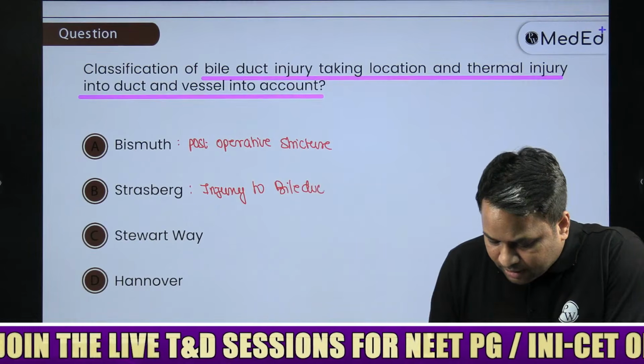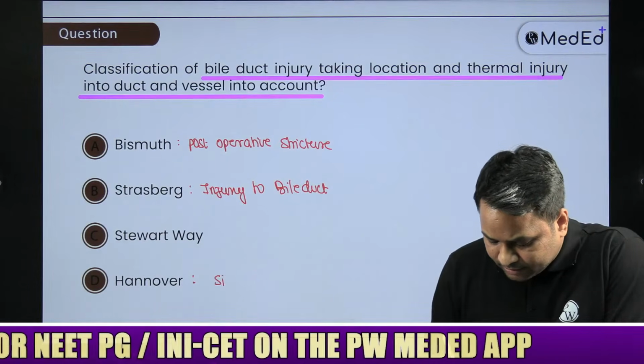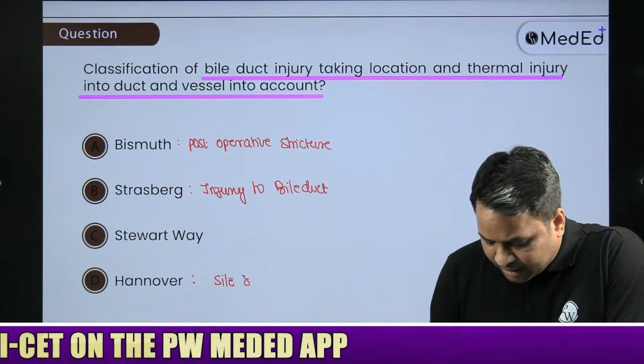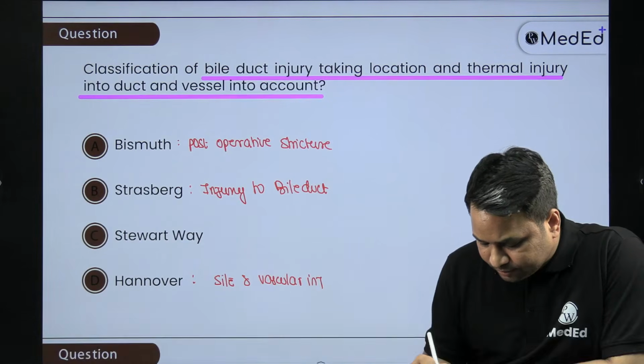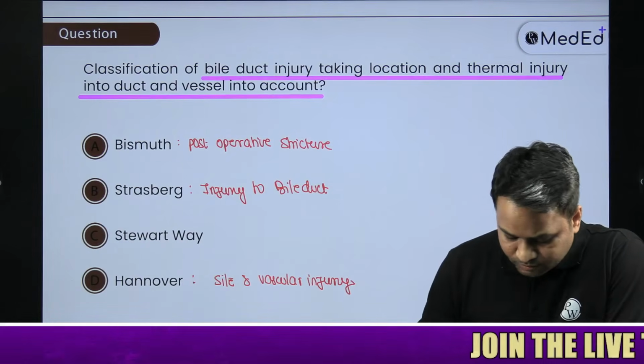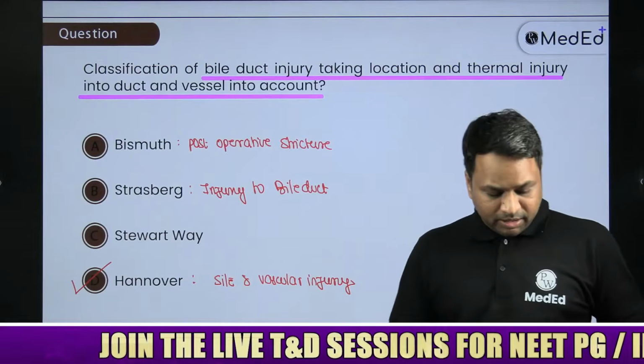It is the Hanover that also considers the site and the component of vascular injury. So the answer here is D for Delhi.